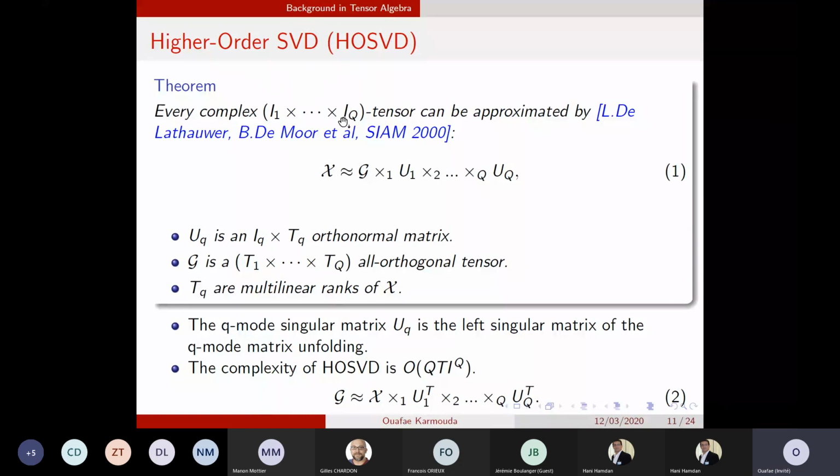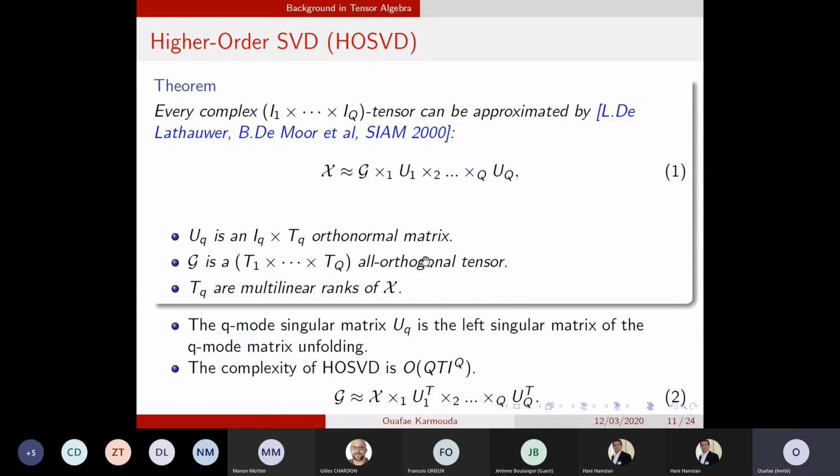If we have a tensor X of order Q, its higher-order SVD is given by a tensor J multiplied by a matrix UQ over each mode Q, where the matrix UQ is called the Q-mode singular matrix of size IQ by TQ, where TQ are called the multilinear ranks of X, and it is an orthonormal matrix. And J is a tensor of the same order as X with dimensions T1 until TQ, which are smaller or equal to IQ.